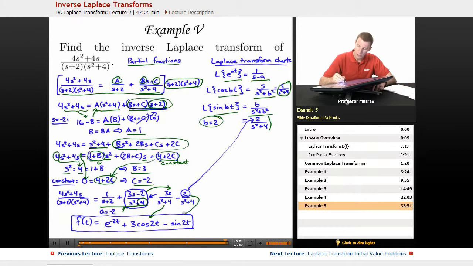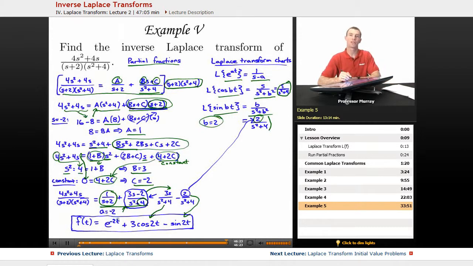And the 2 gave me sine of 2t, not 2 sine of 2t, because there was already a built-in 2 here. So I used that 2 to match that, and I didn't have another 2 left over as a coefficient. Meanwhile, for this 1 over s plus 2, I had a equals negative 2 here, so that just turns into e to the negative 2t.